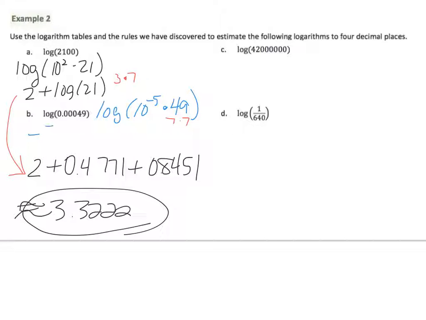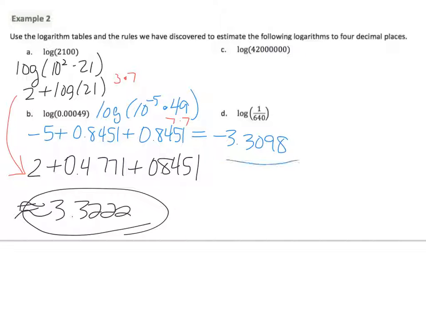So I have negative 5 plus log 7, which is 0.8451, plus log 7. That gives me negative 3.3098.